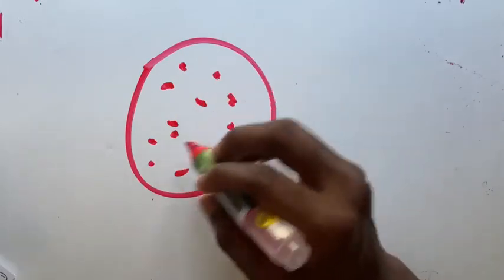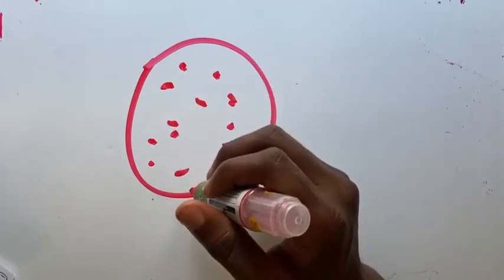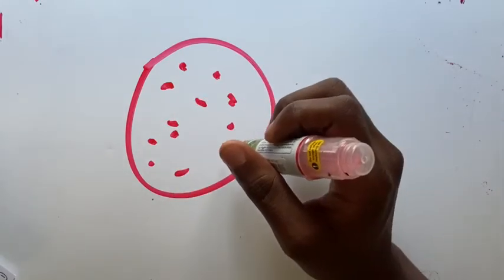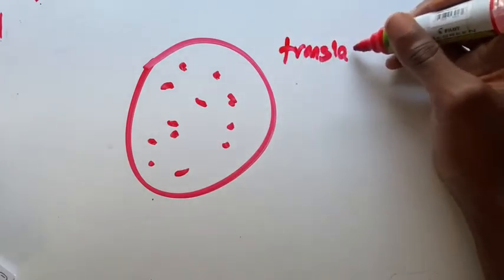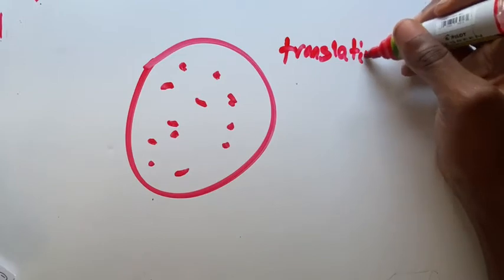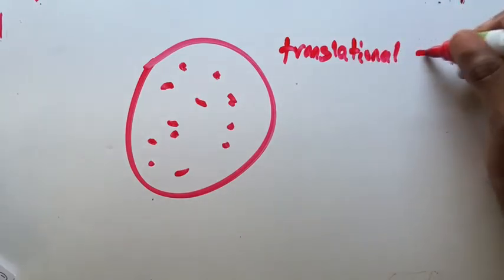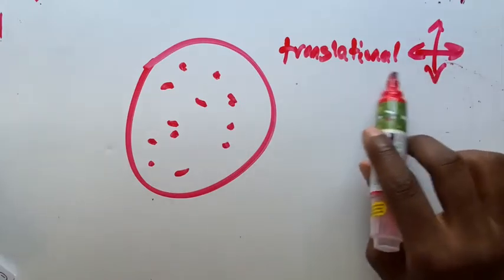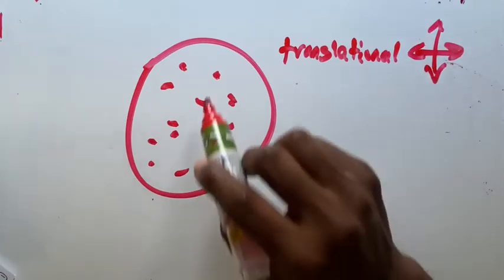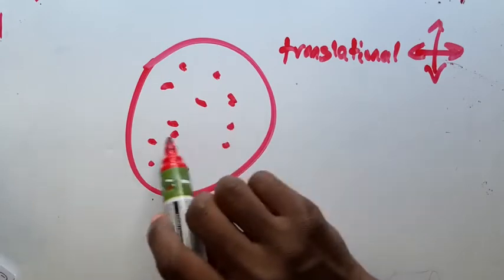And these molecules are moving around in all kinds of directions. So translational basically means left and right or up and down. That's what they mean by translational. So of course there's molecules moving up and down and left and right.